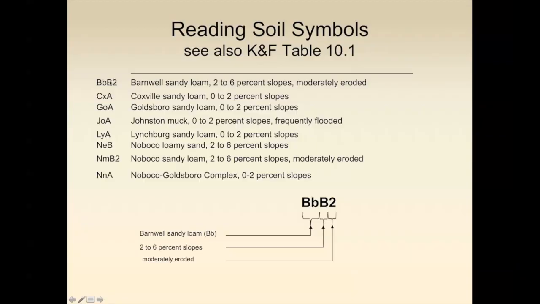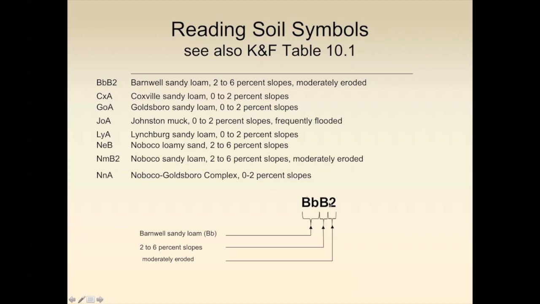Okay, the second symbol, that large capital letter over here, A's, B's, you can get C's and B's as well, is for slope. The next slide covers what kind of slope you have. So you have the soil series, those are the first two letters. The next one, this big letter over here, is the slope.